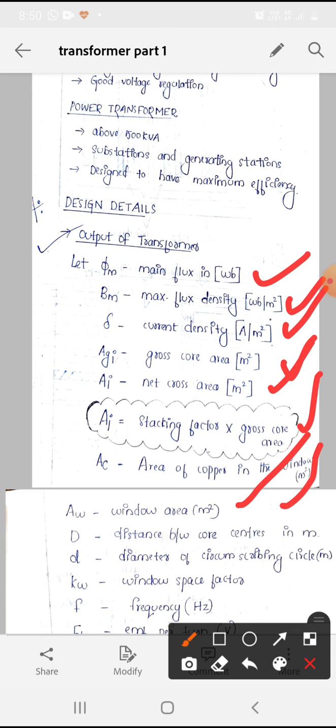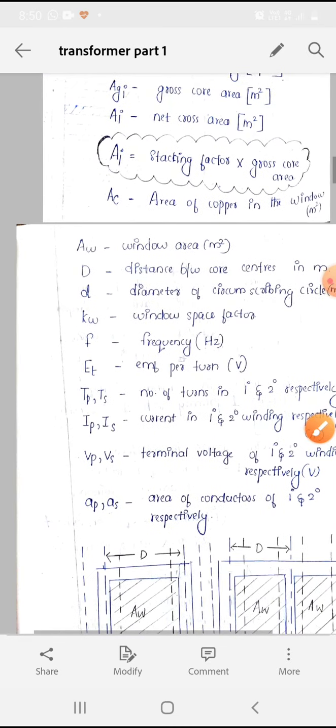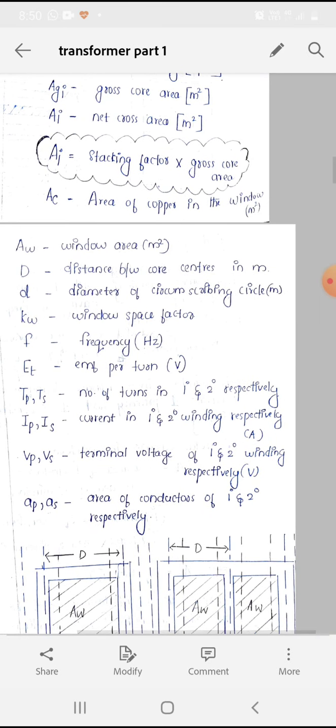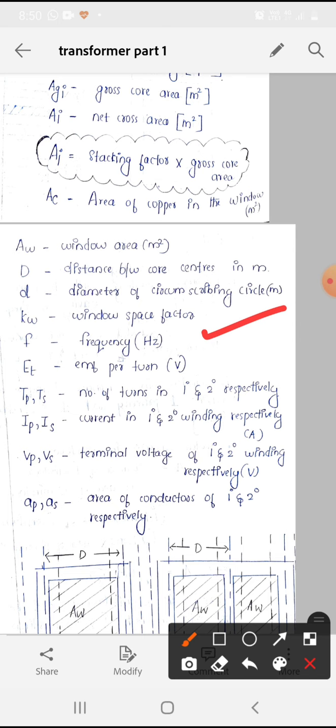Capital D is the distance between core centers in meter. Small d is the diameter of circumscribing circle, in meter. Kw is the window space factor. F, as you all know, is the frequency in hertz. Et is the EMF per turn in volt.